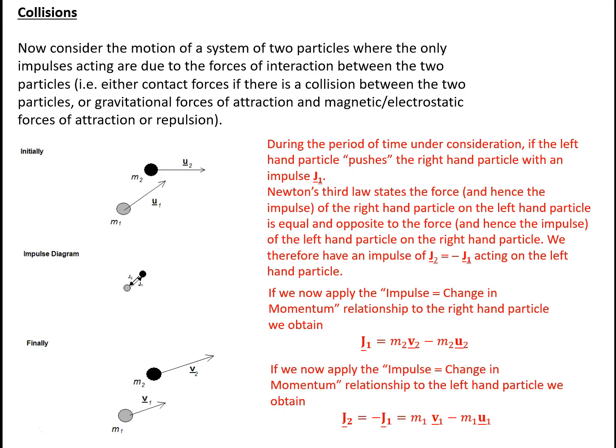And if we apply impulse equals change in momentum to the left-hand particle, then we've got J2, which is the same thing as minus J1, must equal m1v1, the final momentum of the left-hand particle, minus m1u1, the initial momentum of the left-hand particle.